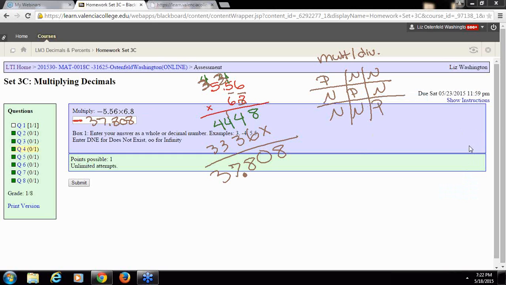So here I have a negative times a positive, so I'm looking for an N times a P. I know that a negative times a positive is a negative, or a negative times a negative is a positive, or a positive times a negative is a negative. It all works.